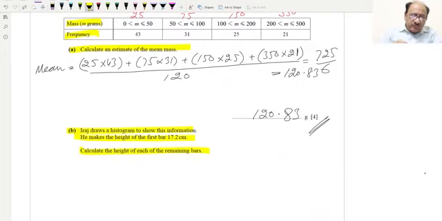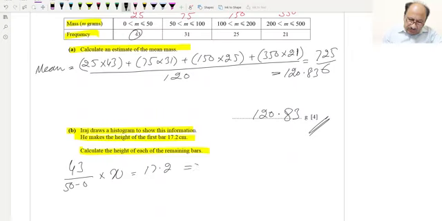So for the first bar, its frequency is 43, so frequency divided by the class width, which is 50 minus 0, and multiply by some number, and we should get 17.2.